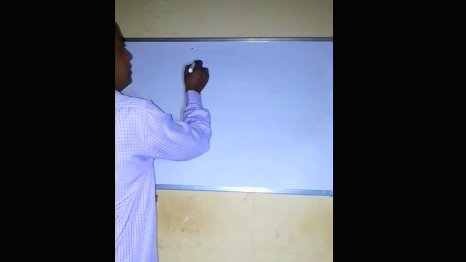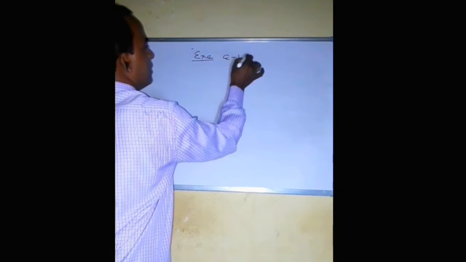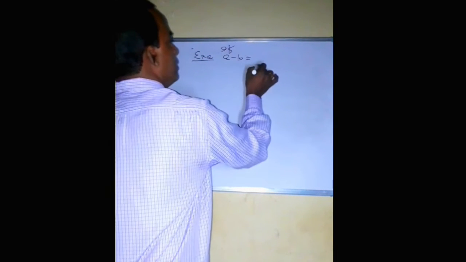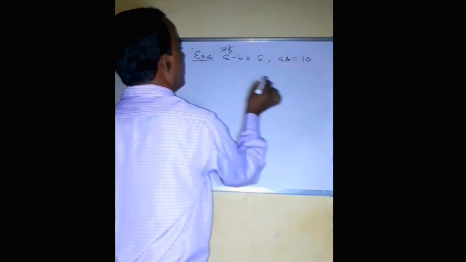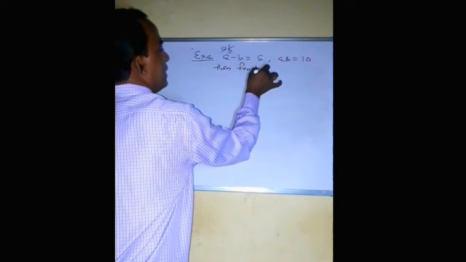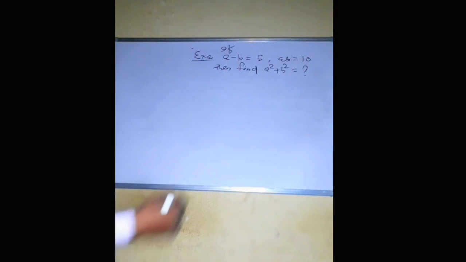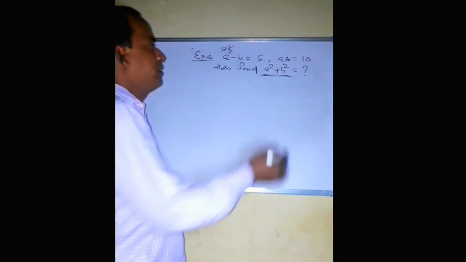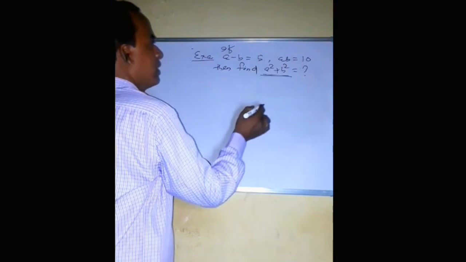If another example is a minus b given, suppose a minus b equal to 5 and ab equal to 10, then find a square plus b square equal to how much? Just before, we have read that when a plus b and ab are given, a square plus b square equal to a plus b whole square minus 2ab.